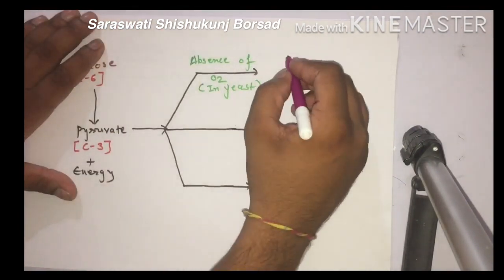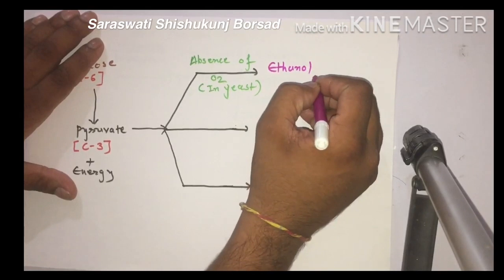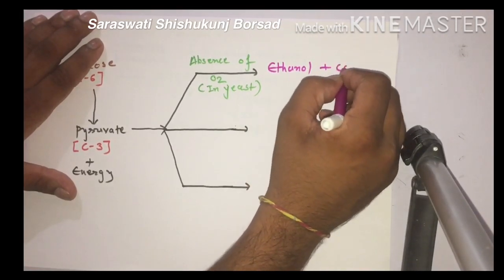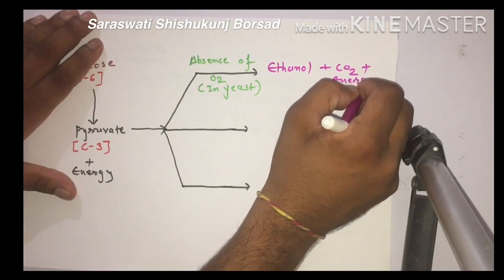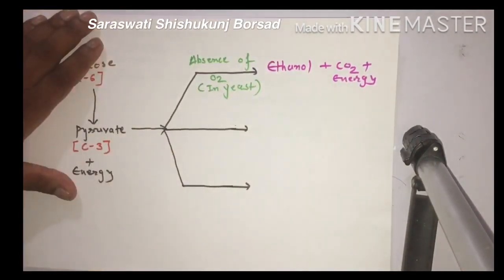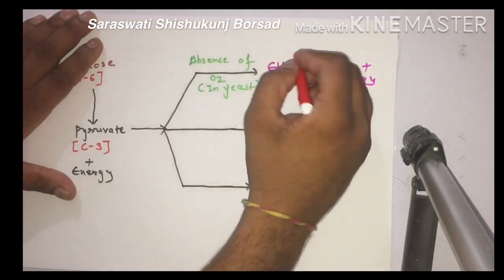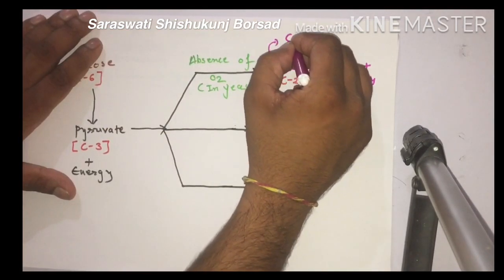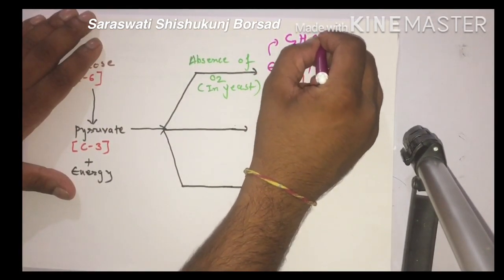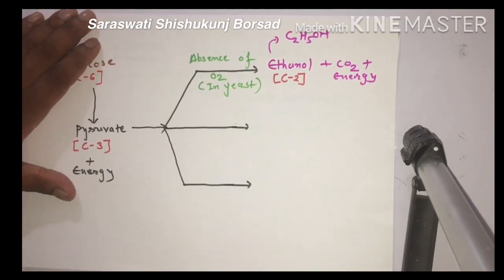In that case we will get ethanol, which is a 2 carbon containing molecule, plus carbon dioxide plus energy. So ethanol is C2, 2 carbon containing. If you want to write its formula, we can write it like this: C2H5OH.